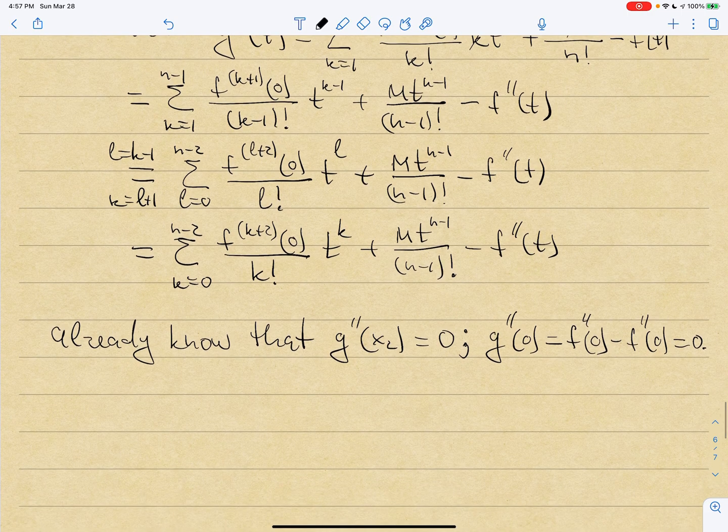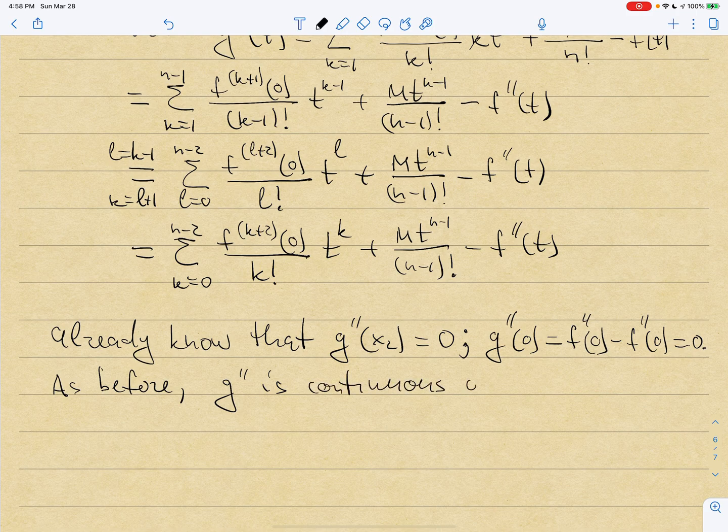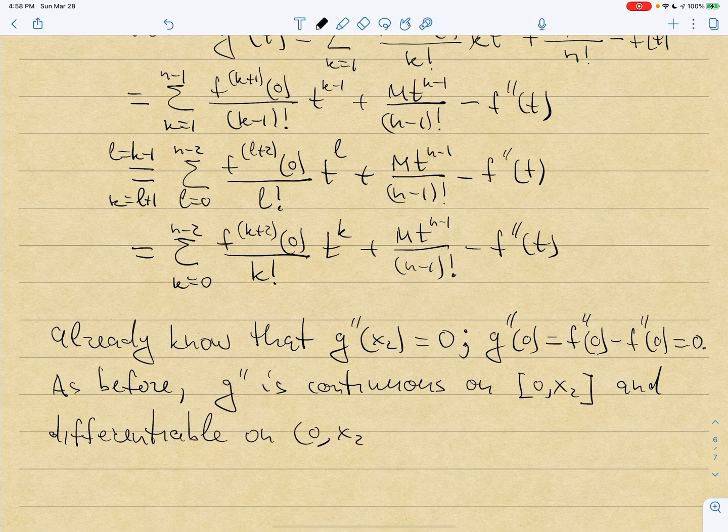And just as before, g double prime is continuous on 0 to x2 closed, and differentiable on 0 to x2 open.